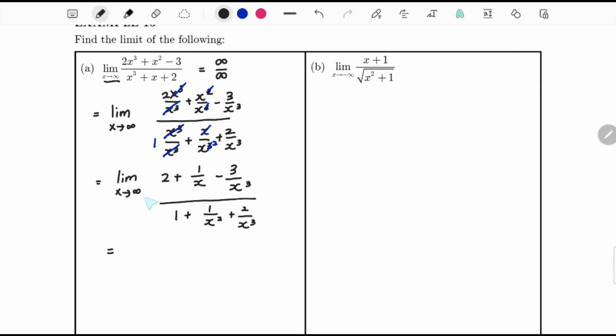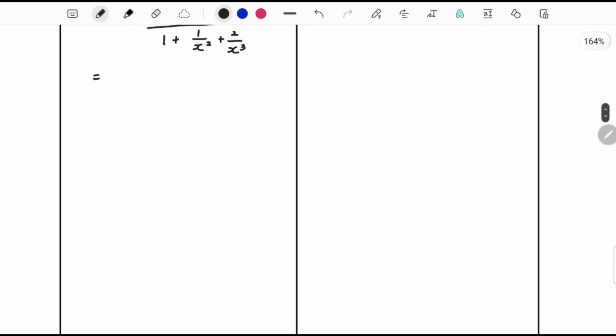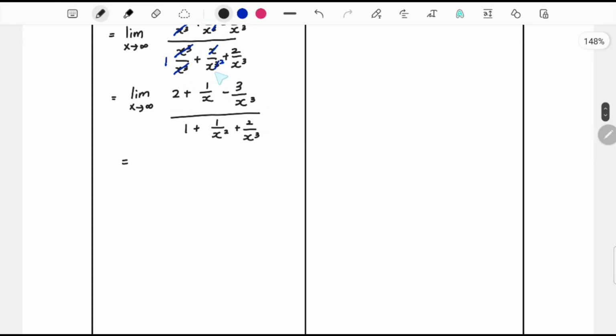Then we substitute infinity into this, and also into the denominator part. What we've learned before is that when you substitute constant over infinity, we get 0. So it's (2 plus 0 minus 0) over (1 plus 0 plus 0). So your final answer is 2.